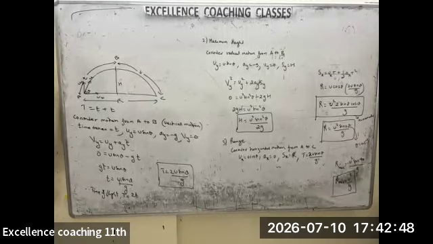Next, y component of initial velocity. Next, find initial velocity in vector form. Next, find final velocity in vector form.